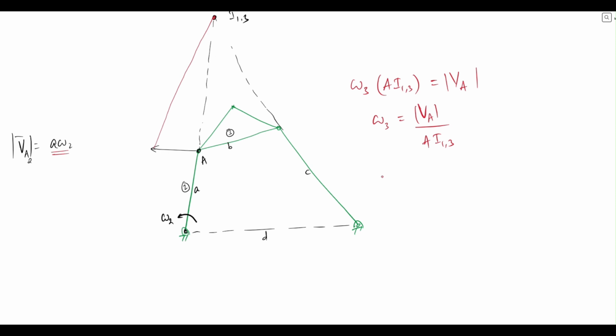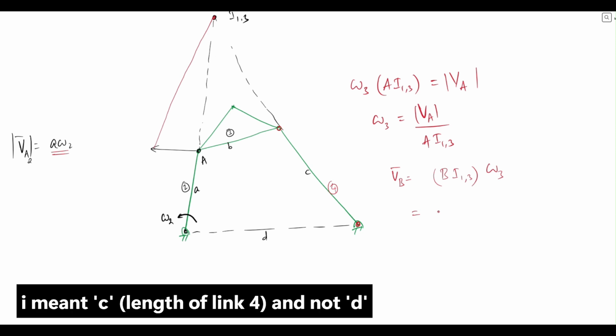In addition to that, once we have found omega 3, we can find the velocity of this point, velocity of B. This should be equal to B I13 times omega 3. And similarly, once we know B, we also know that it is a point on body 4. So this should also be equal to D times omega 4.